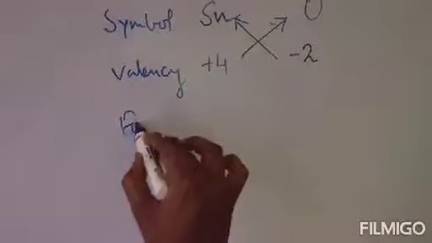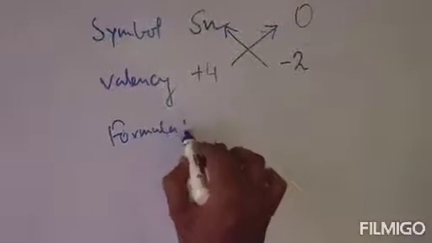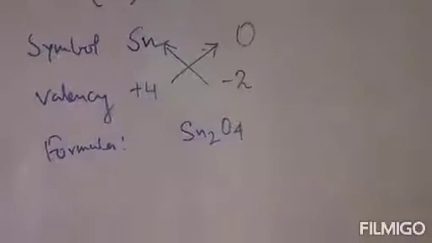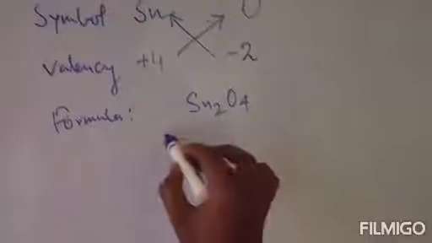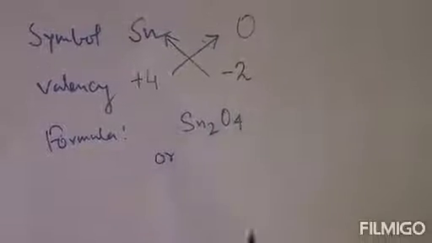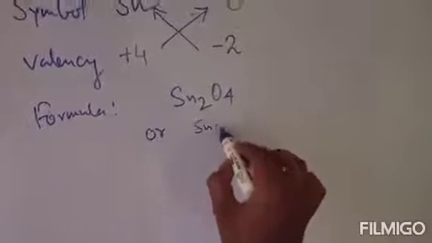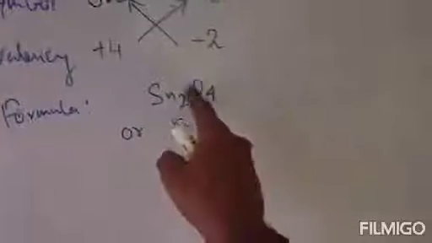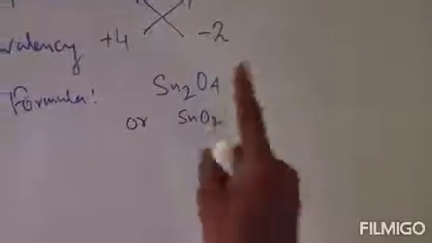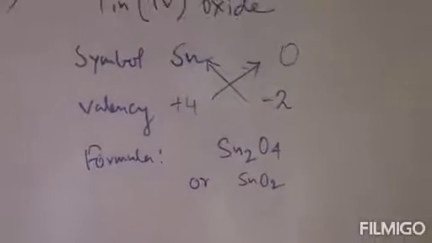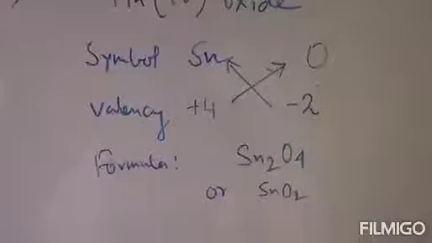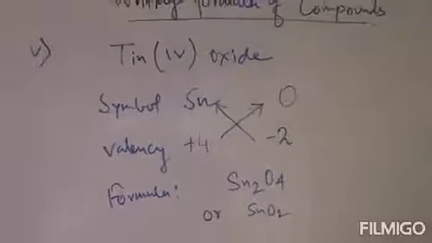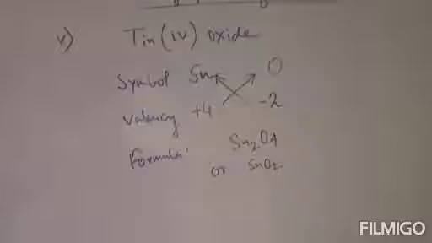That means the formula will be Sn2O4, or 2 and 4 will reduce, so the final formula will be SnO2. Because 2 twos are 4, it will reduce, as we use the simplest ratio to deduce the final formula. Clear? So SnO2 will be the formula of tin(IV) oxide.